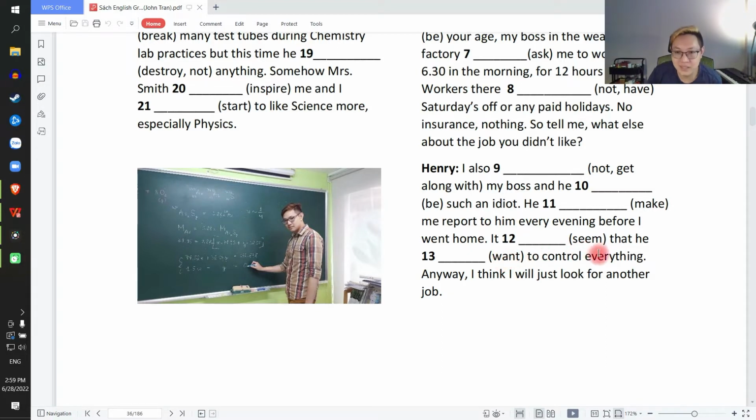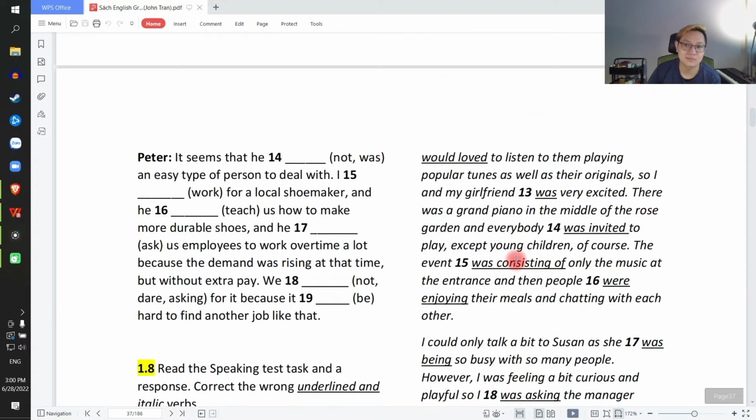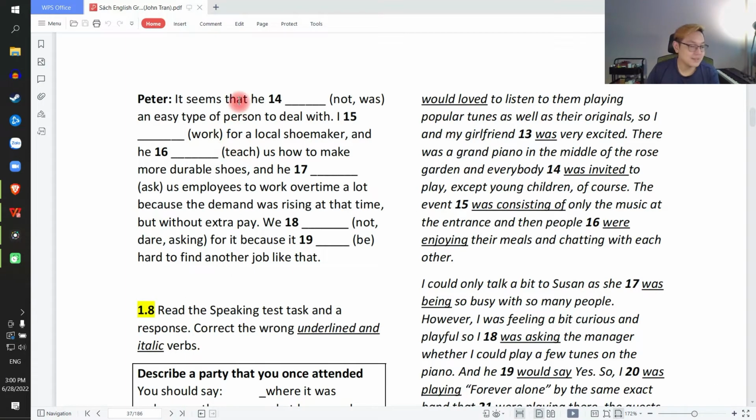It seemed that he wanted to control everything. Anyway, I think I would just look for another job. It seems that he wasn't an easy type of person to deal with.